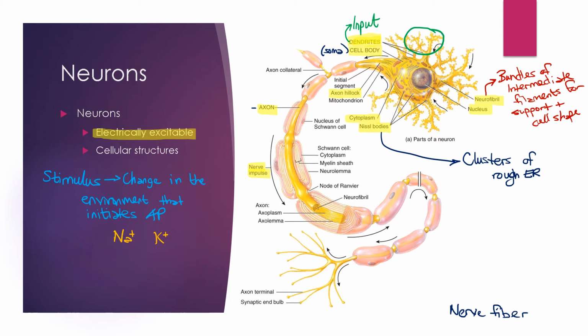Now, the part of the axon that's closest to the axon hillock is called the initial segment. So the initial segment is part of the axon. And in most neurons, nerve impulses, otherwise known as action potentials, will arise at the junction of the axon hillock and the initial segment. This is an area that we call the trigger zone.